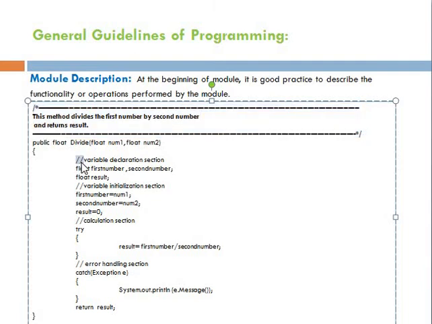So keep in mind that for putting single line comments, we denote it as // at the very beginning. But for putting multi-line comments, we denote it as /* at the very beginning and then */ at the very end.